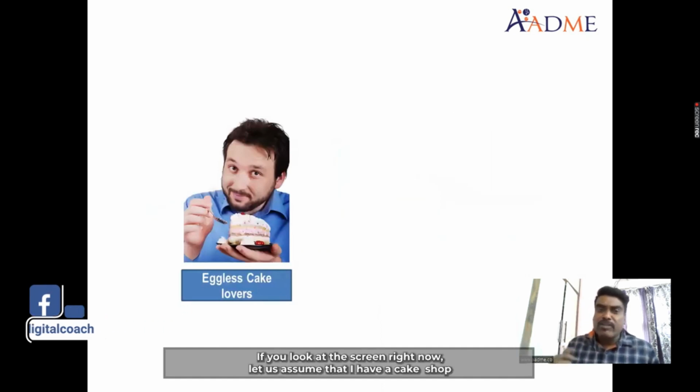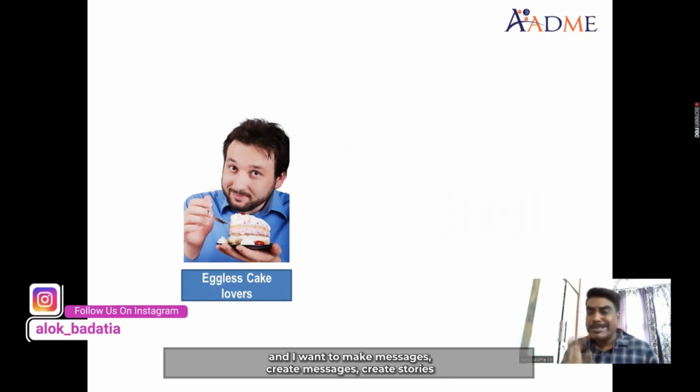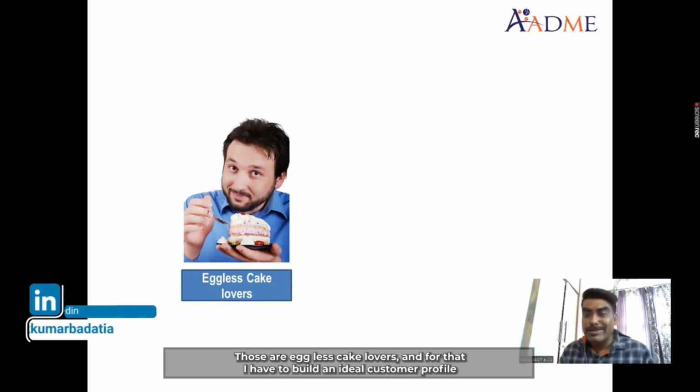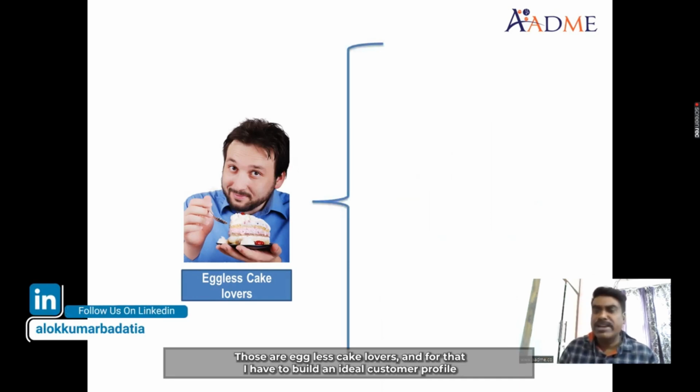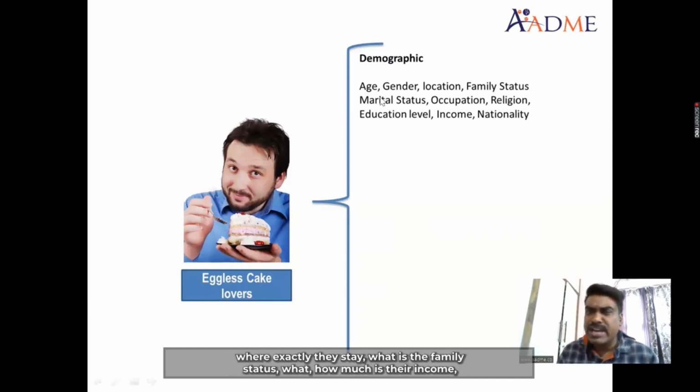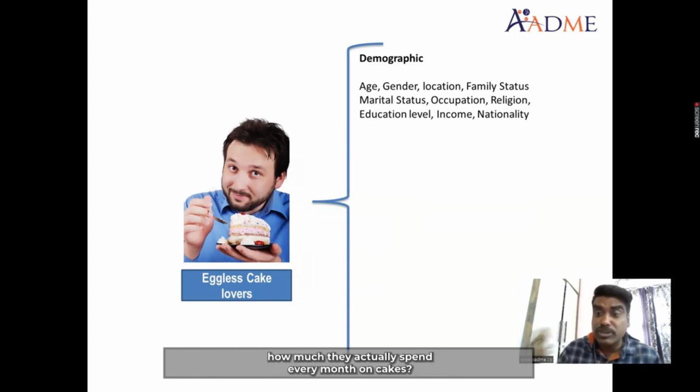If you look at the screen right now, let us assume that I have a cake shop and I want to make messages, create stories, and reach out with sales copies that resonate with people who are eggless cake lovers. For that, I have to build an ideal customer profile that gives me all the data: the demographic features like age, gender, where exactly they stay, their family status, how much their income is, how much they actually spend every month on cakes, their nationality.